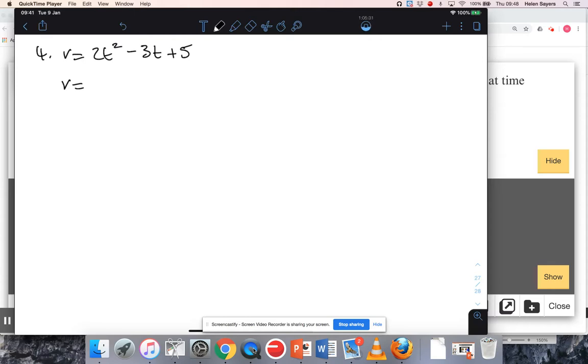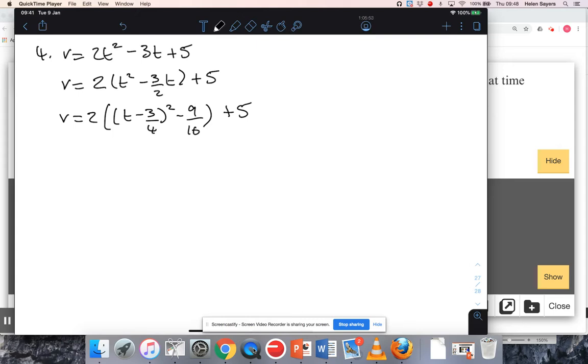Bear in mind, if you're not keen on completing the square, you can just get the vertex from your calculator and fill it in from there. So I'm taking out a common factor of 2. Then I'm completing the square, and I'm choosing to just leave the 5 set separately throughout all this.